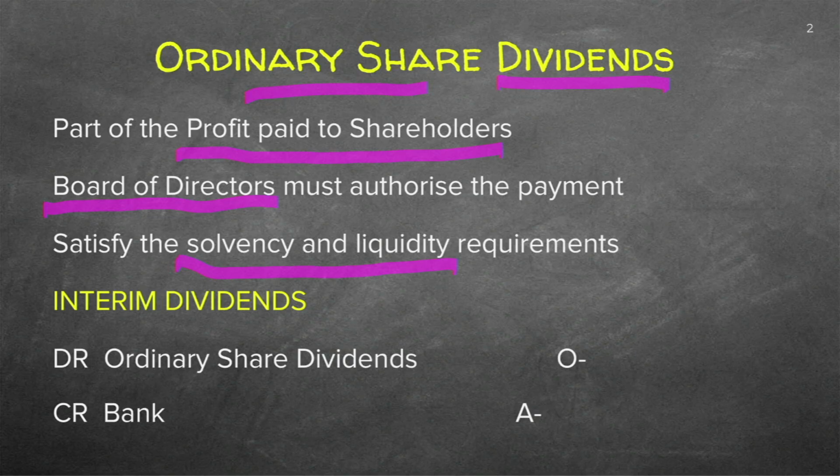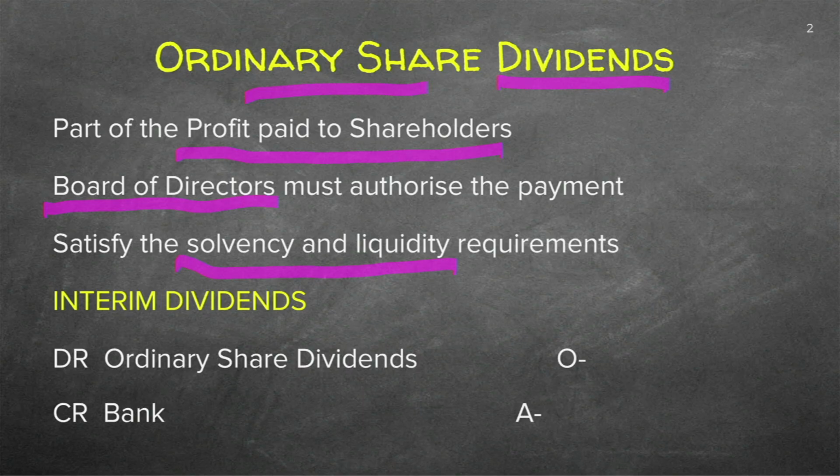Can we pay our current liabilities with our current assets? So solvency and liquidity are important because you can't be paying dividends if you do not comply with solvency and liquidity, because you could be paying out more profits than the company can actually afford to do so.